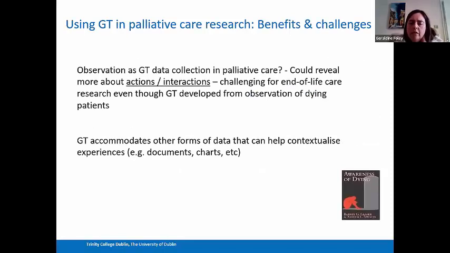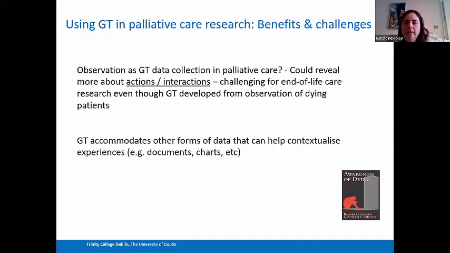Observation is certainly a common method used in GT, but it is more challenging to do that in palliative care research if the research participants are considered vulnerable. So there is a reason perhaps why most research conducted now in palliative care uses data collection methods that tend to be focus groups or one-to-one interviews.